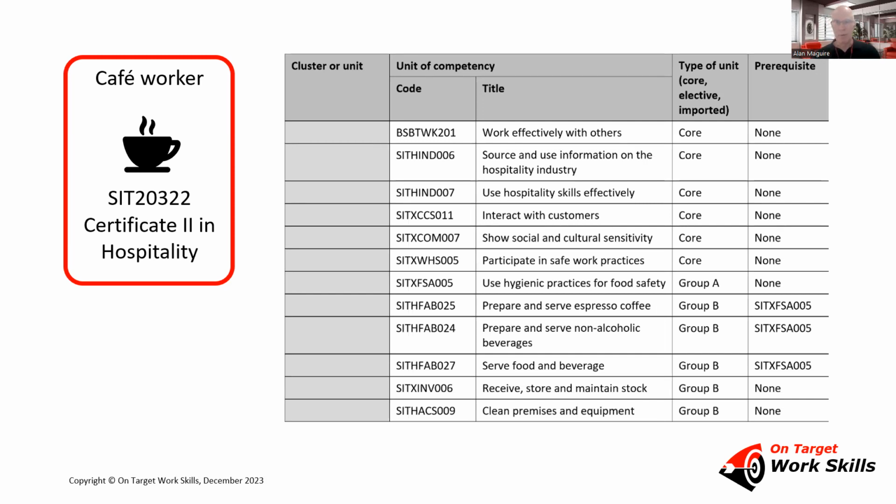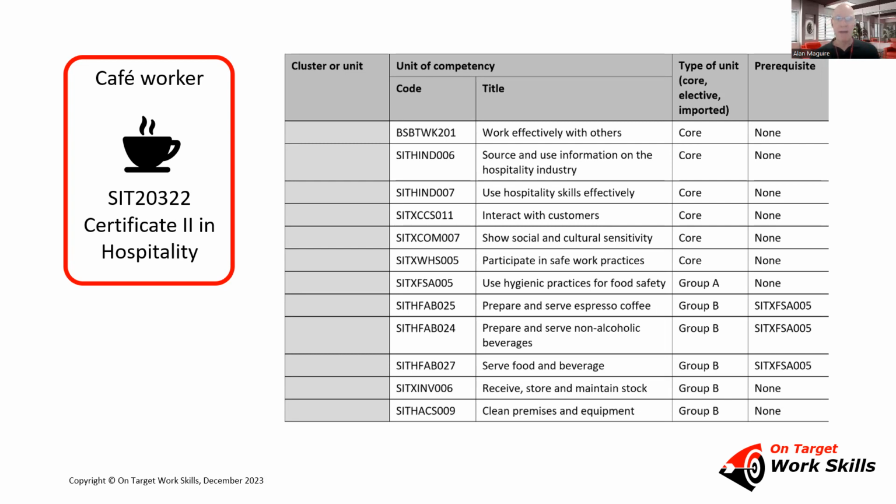It was for a cafe worker, and the qualification for them would be a Certificate II in Hospitality. What I'm showing on screen at the moment is the end result of the other video: a list of 12 units of competency, 6 core and 6 electives.